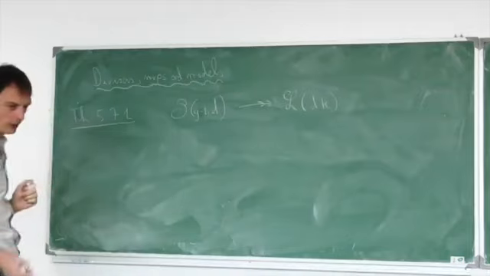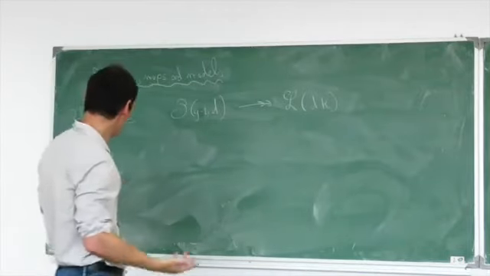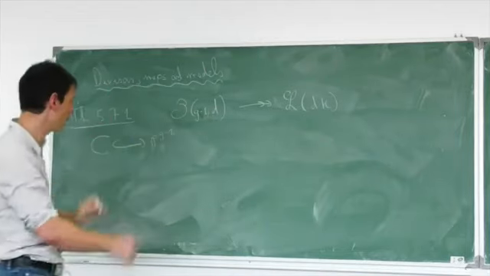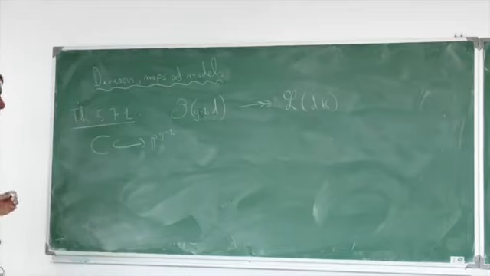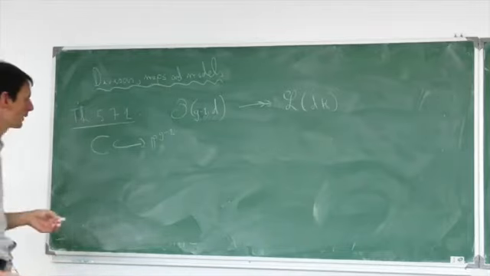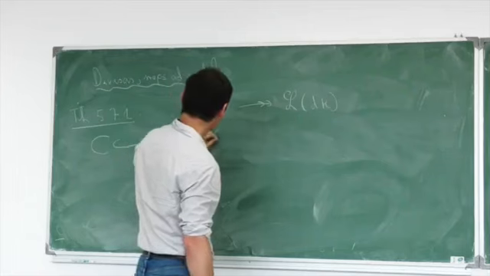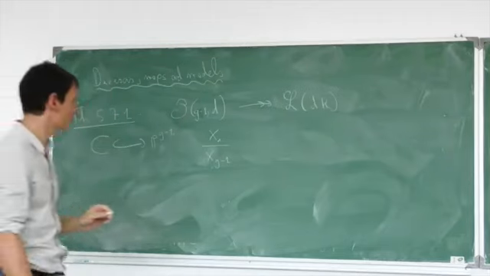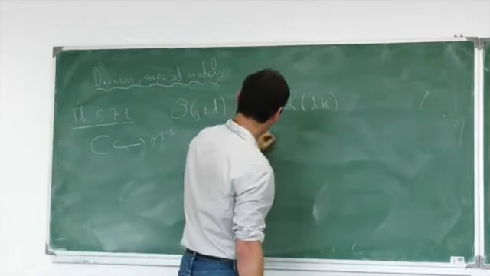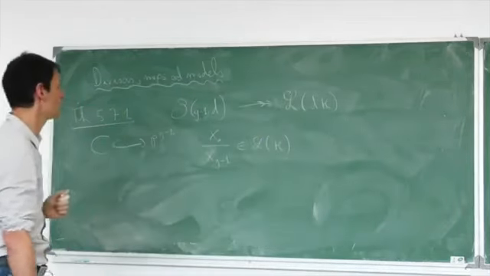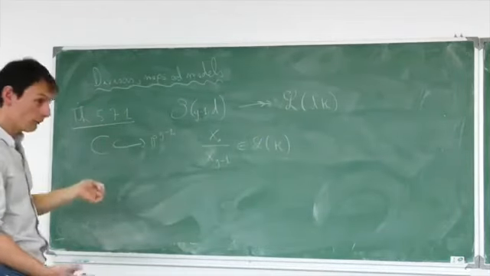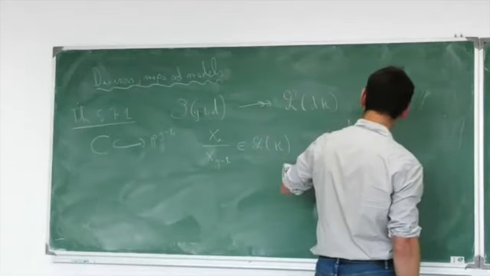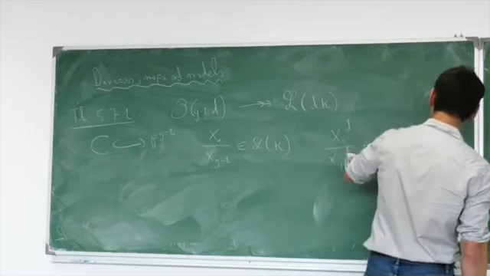I can describe this map quite easily in the following way. Because C is non-hyperelliptic, I look at it once and for all as embedded inside P^{g-1}. Now I have these coordinates, so I can look at x_i divided by x_{g-1}, and this is an element of L of kappa by definition. So I can look at any of its powers: x_i to the d over x_{g-1} to the d is inside L of d kappa.